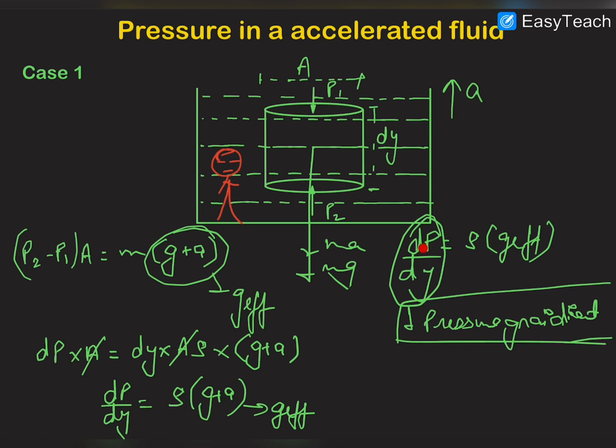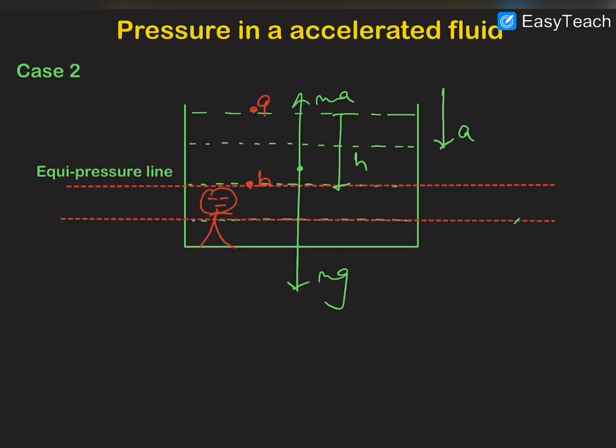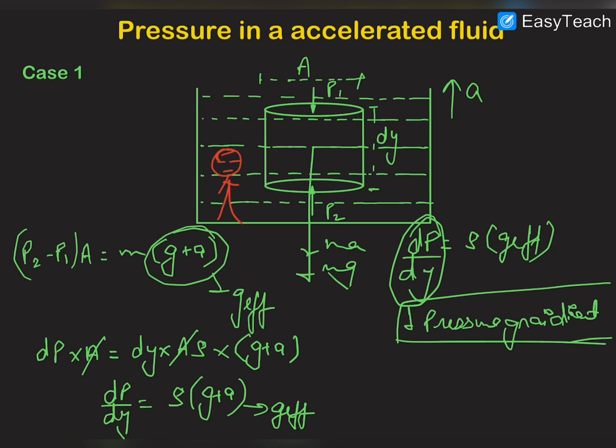So this is the pressure gradient, which is rho into g effective. So the pressure will be increasing at a greater rate as we go deeper in the cylinder. Let us suppose this point is A and this point is B. Then the pressure at B will be equal to the pressure at A plus rho into g effective into this distance dy.